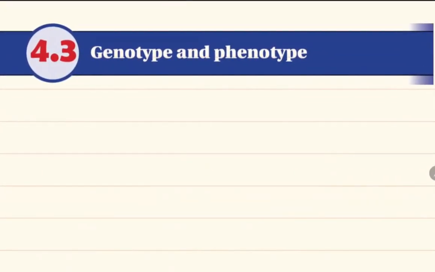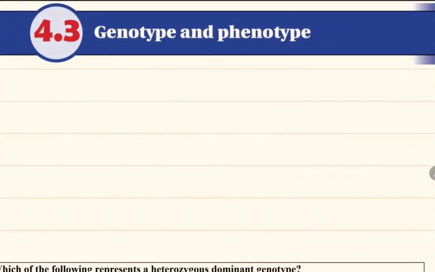Let's see here. Genotype and phenotype. The genotype and phenotype, as we saw before, are capital or small. There are internal factors. The genotype represents the internal factors which we cannot see.